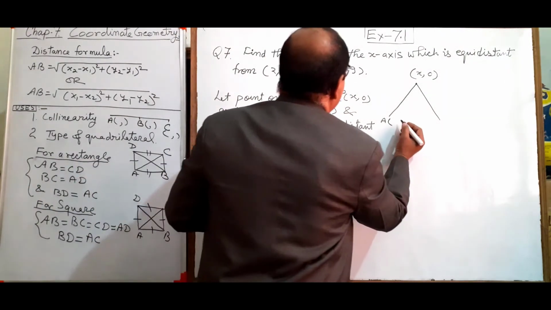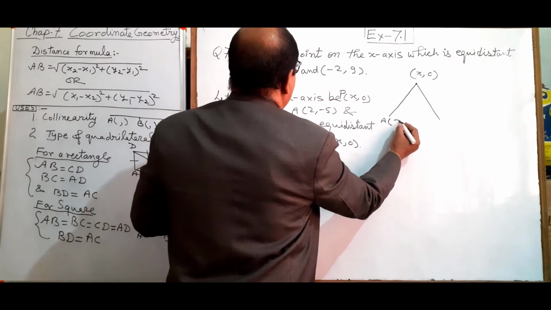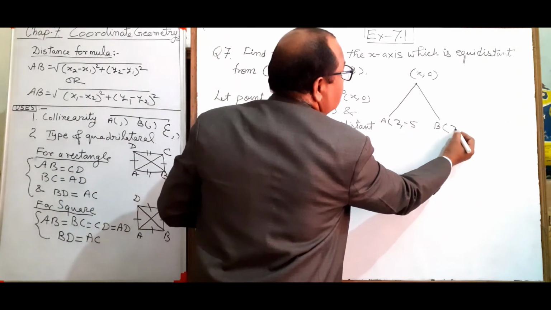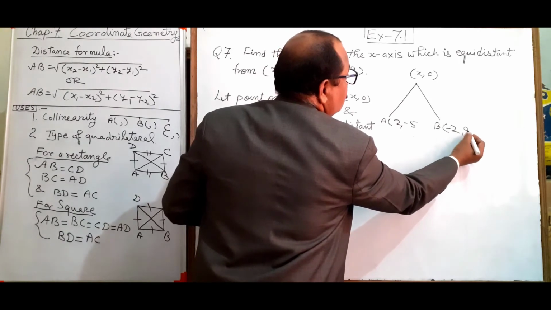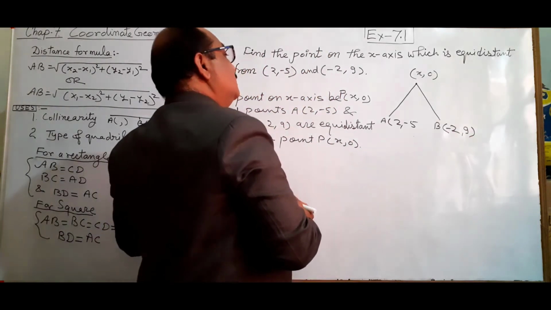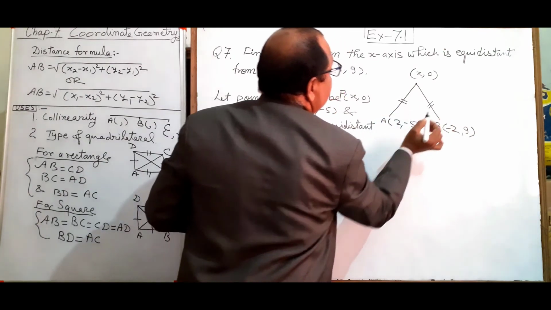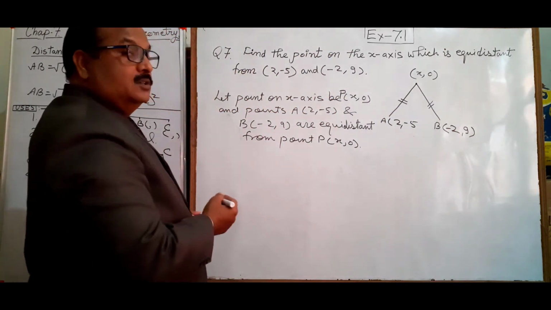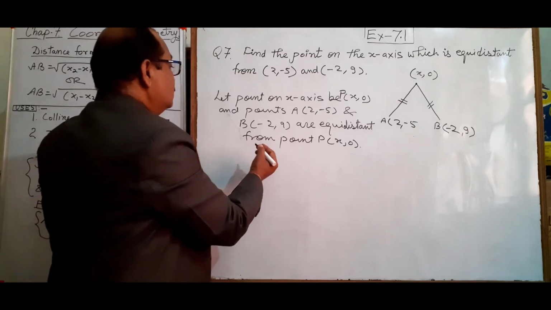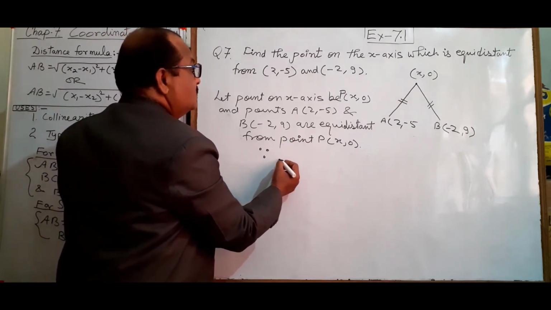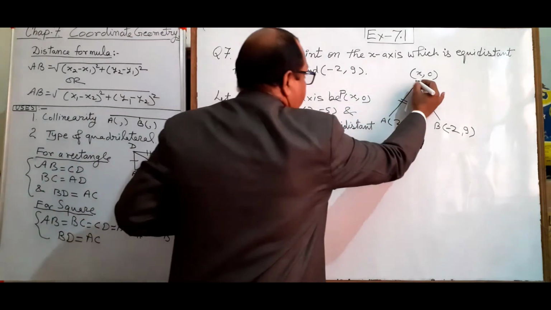What it says is the coordinate of point A is (2, -5) and the coordinate of point B is (-2, 9). Now in this question it is given that these two distances are equal. So here we can apply the distance formula, since this is point P.